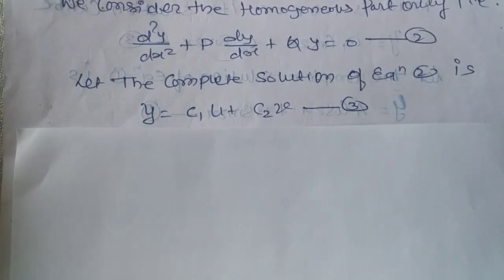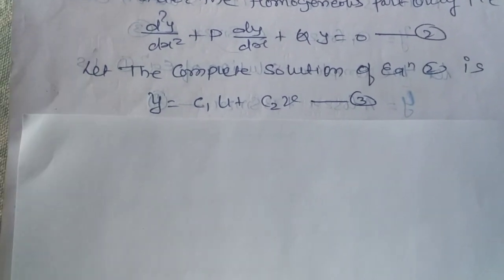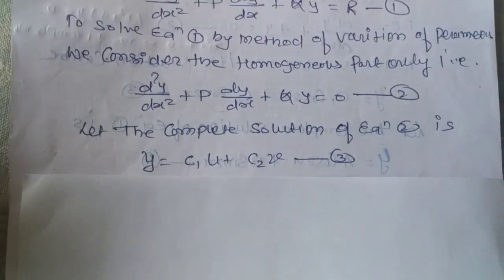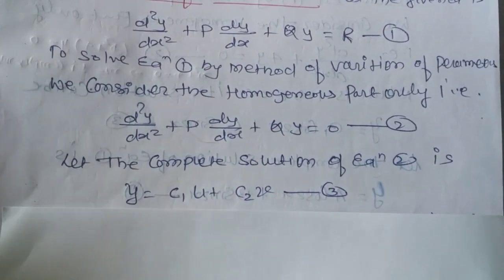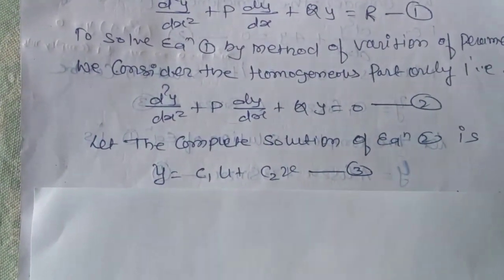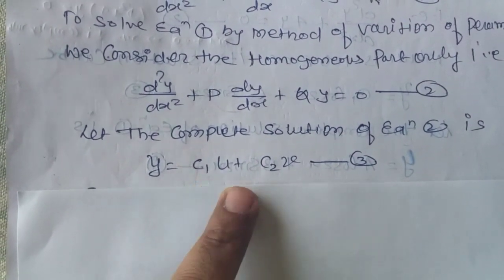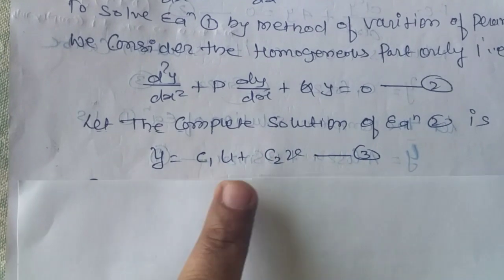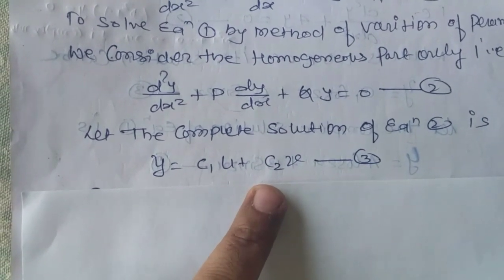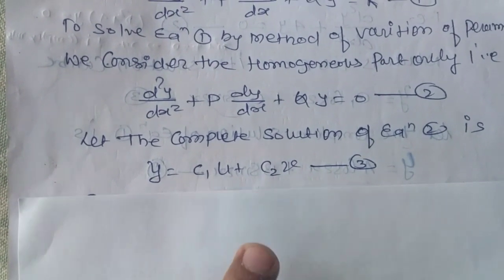Now parallel to this solution, we consider the complete solution of equation first. And how we consider it: these arbitrary constants C1 and C2, we replace by arbitrary functions of x.